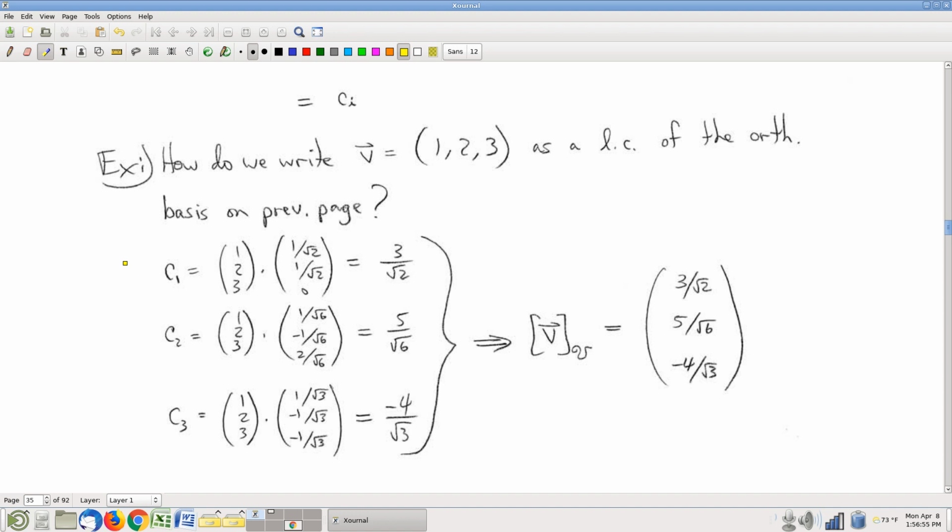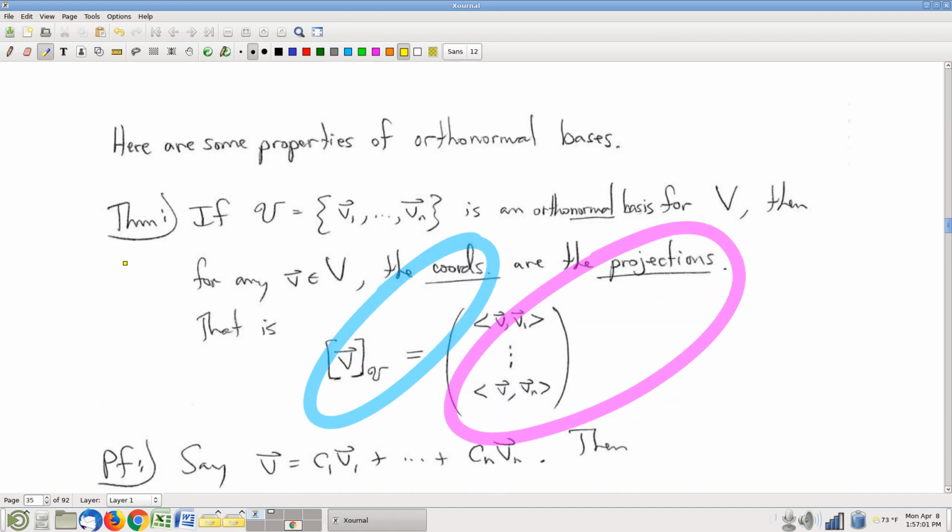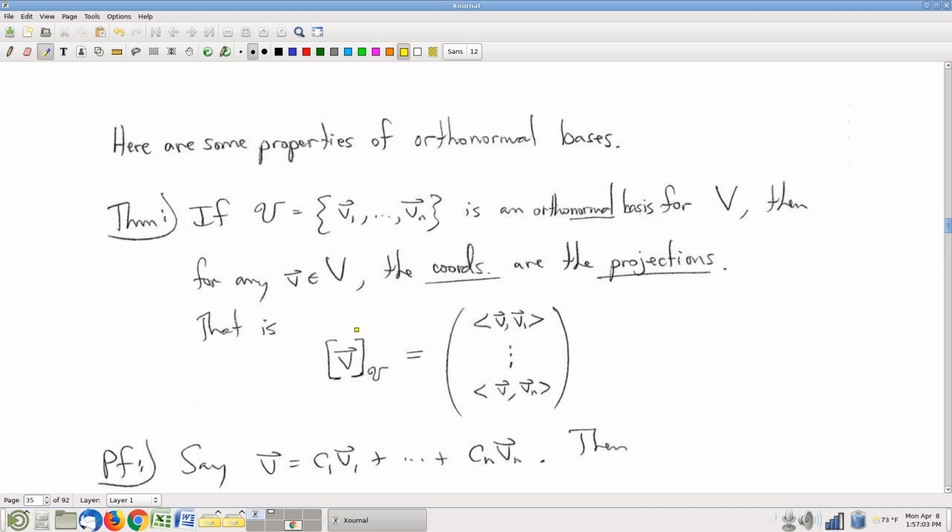It's a hard problem, right? So that's what this is good for in those cases. In those cases, the coordinates might be an intractable question. The projections are not that bad.